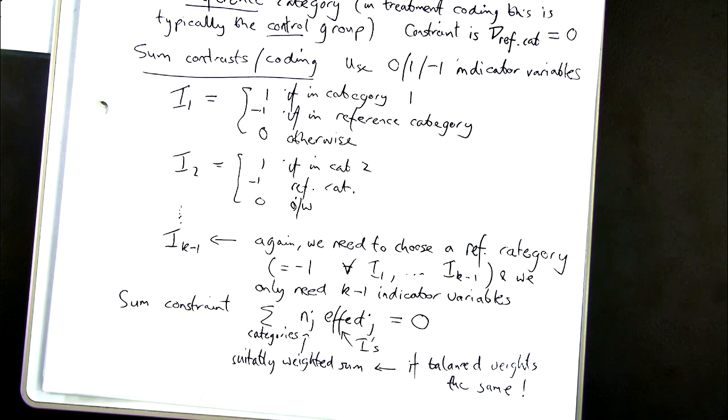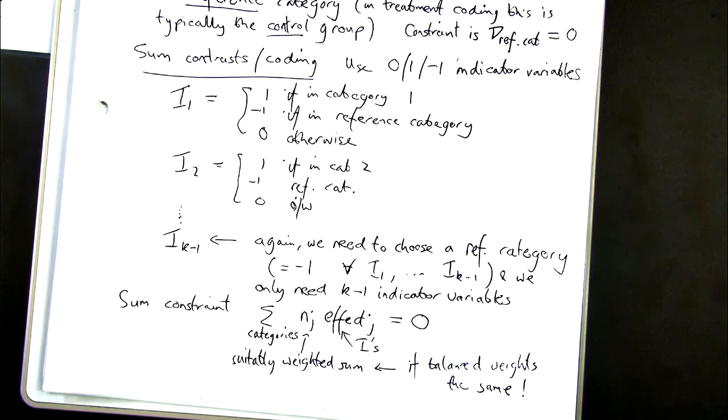You've got k indicator variables, k minus 1, because one of them is constrained to being equal to 0 or to negative 1, depending whether you're using sum or treatment coding. So you've got an n by k minus 1 matrix for your design matrix for that particular variable. So it takes a slope coefficient for each of those dummy variables to code this up and implement it in R.